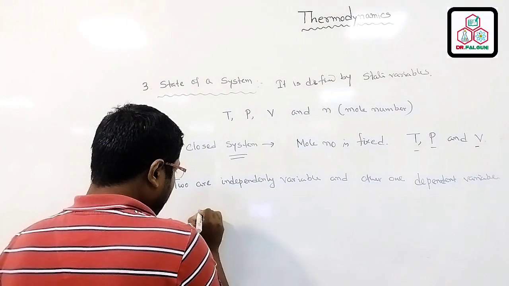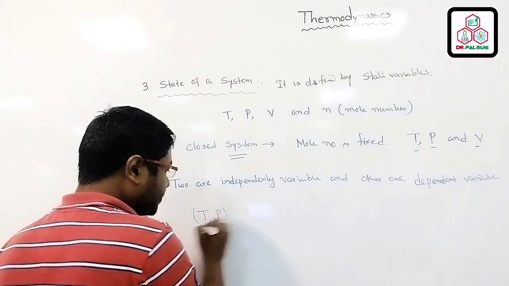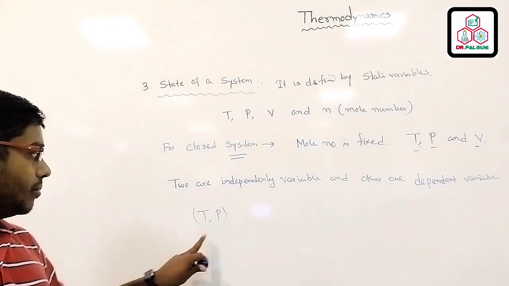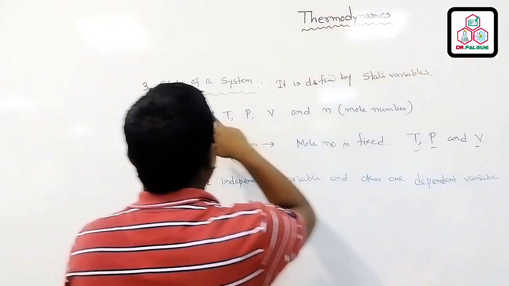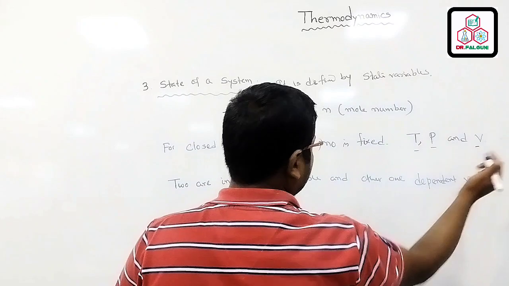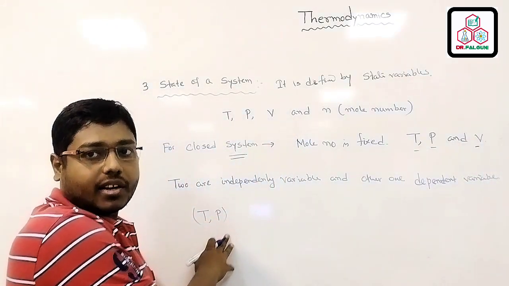That means if you take temperature and pressure and vary them, the other state variable, V, will automatically vary.